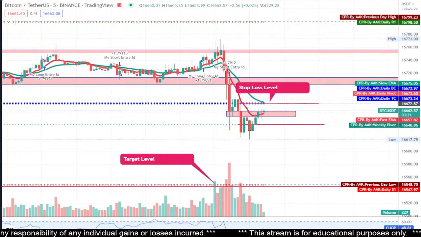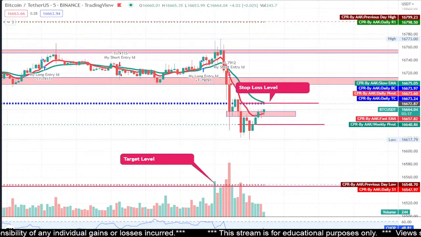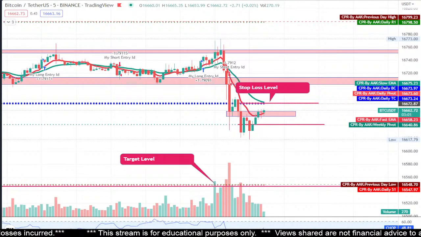And if we talk about a product with a price of 16,000, a $12 movement is nothing. So technically right now there is not much movement and the market is sideways. So it might move up to retest the 20 EMA, which is the green line.